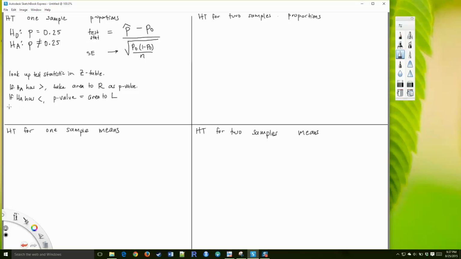And if the alternative has not equal to, then what is our p-value? P-value equals 2 times the area away from 0. And I'm hoping this looks familiar.